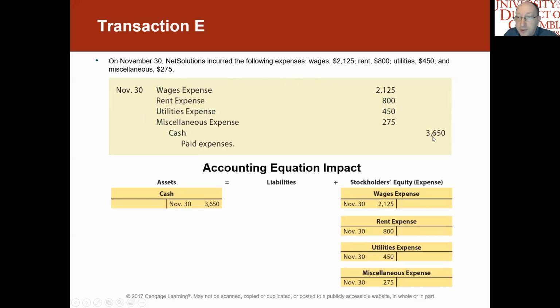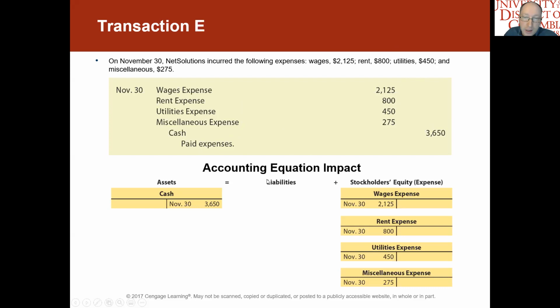You can see that the $36.50 is the same amount if you add up the wage expense, rent expense, utilities expense, and miscellaneous expenses together. These all equal $36.50. So your debits always equal your credits. And there's no limit to the number of debits and credits that you can have in one transaction, just so you know, as long as the debits and credits equal.